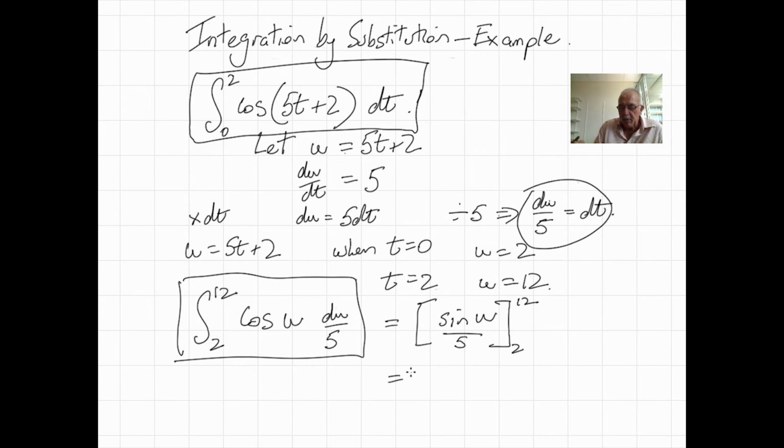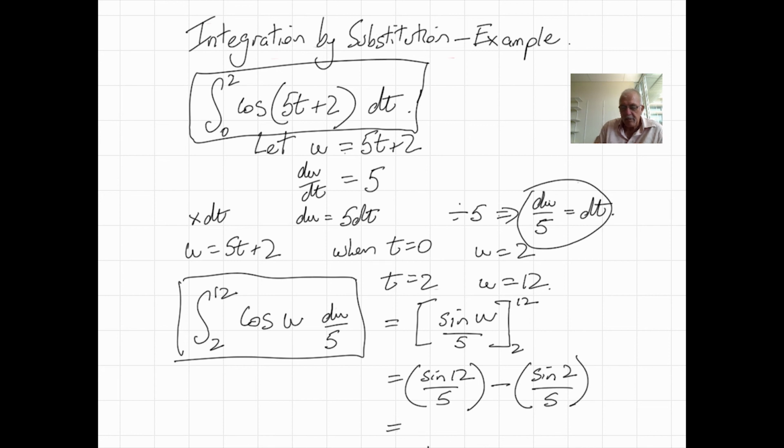Okay, now we've remembered, haven't we, that when we're doing calculus with trig functions, our calculator must be in radian mode. So now we do the substitution, so that will be the sine of 12, not degrees but radians, over 5, minus the sine of 2 over 5.